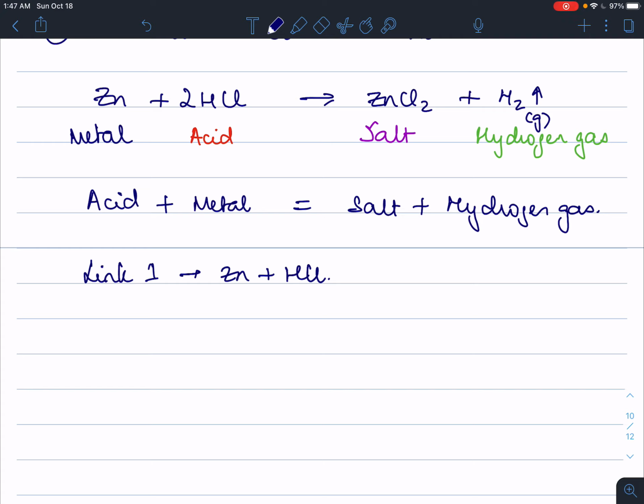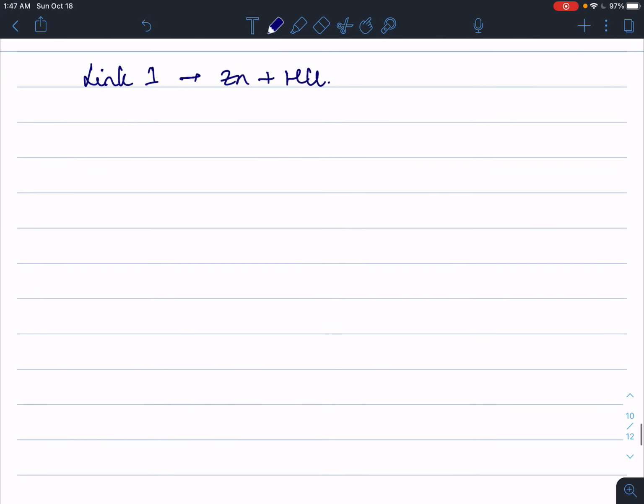All right. Now, what happens when a base reacts with a metal? Something very similar. All right. So think about a base. Let's take zinc metal again. Let us take sodium hydroxide instead. We get hydrogen, but another different kind of compound.